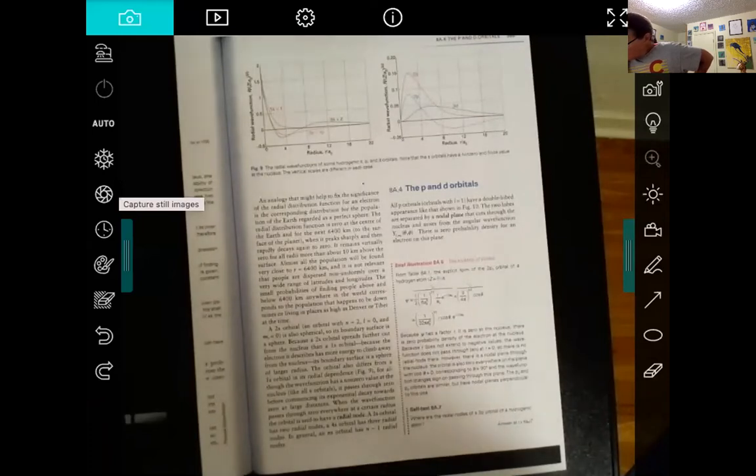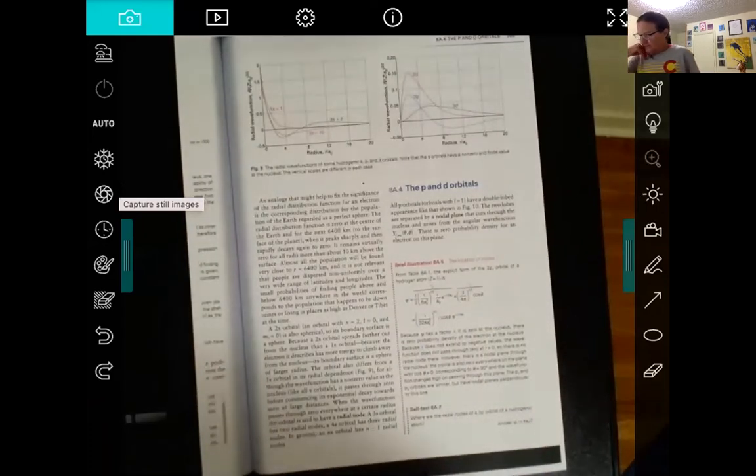So from table 8A.1, you have the form of a 2p-z orbital of a hydrogen atom, so Z equals 1. So you plug in the wave function, and it's a function of R. So the nodes are going to be at the places where that function equals 0.